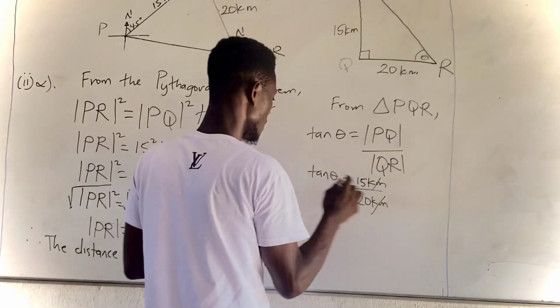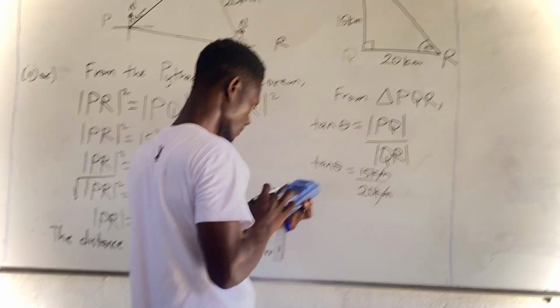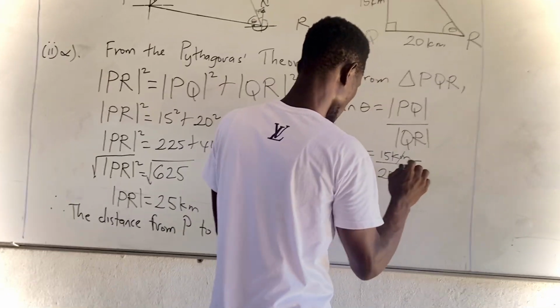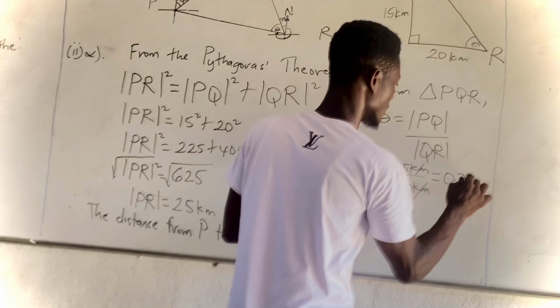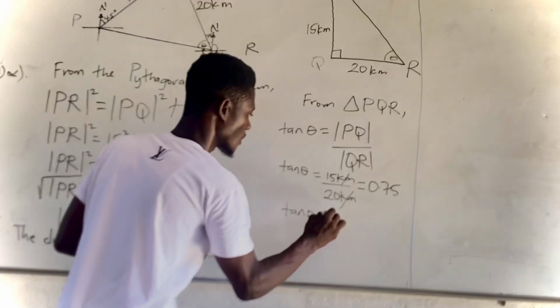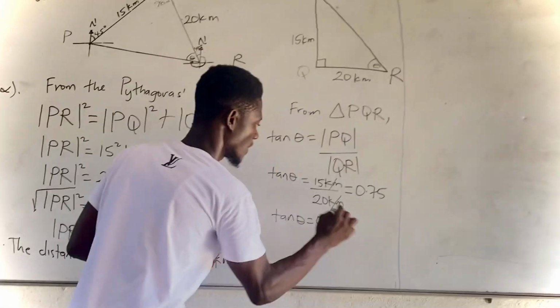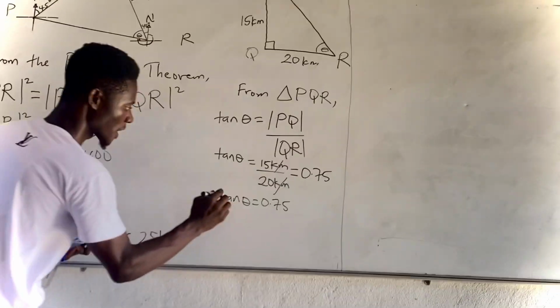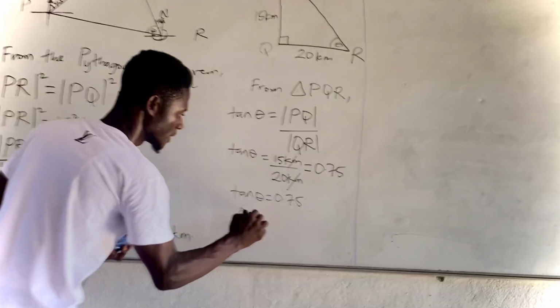Kilometer cancels kilometer. We say 15 divided by 20. This will give us 0.75. So you have tan theta equal to 0.75. So you're taking tan inverse on both sides. If you take tan inverse on both sides, you'll be left with theta.